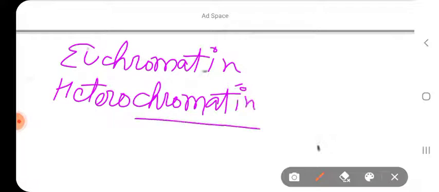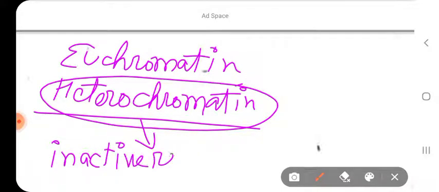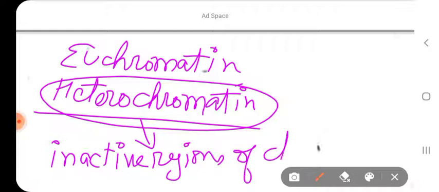First, let me discuss heterochromatin. Heterochromatin are the inactive regions of the chromosomes. I think you have studied this in your class 12.